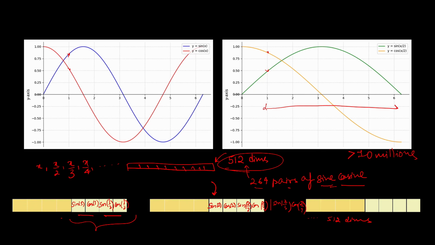And this approach will guarantee that all the values are continuous, lie in a particular range, and are uniquely able to identify the position. Let me show you the exact equation used in the Transformers paper. Every position is encoded with the help of this equation. This d_model is the dimension of positional encoding, which is equal to 512.